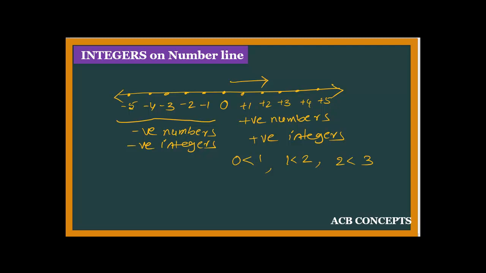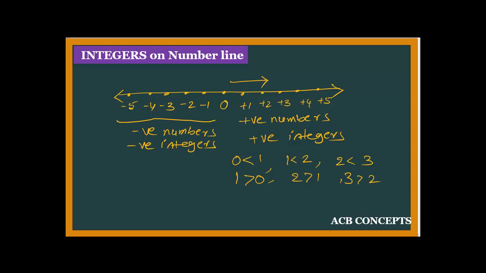So 0 is less than 1, 1 is less than 2, 2 is less than 3, 3 is less than 4, 4 is less than 5. That means 1 is greater than 0 and 2 is greater than 1 and 3 is greater than 2.